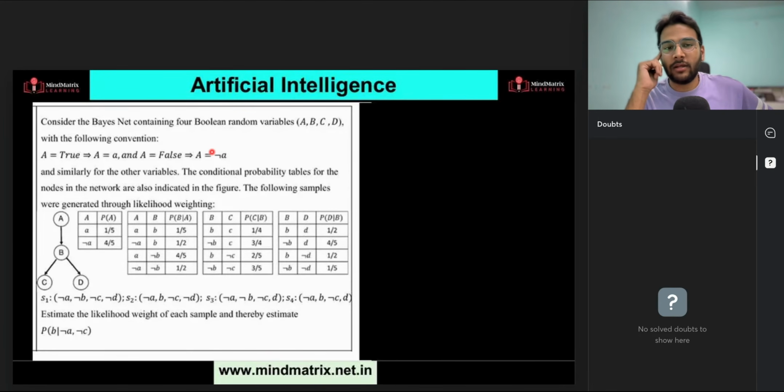But it is highly likely that they will ask a question from likelihood weighting this year, because in GATE 2024 there was no question from this topic. So there is a high chance that they may ask a question from likelihood weighting. It is possible.